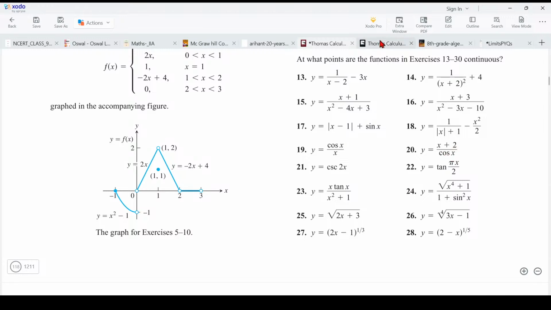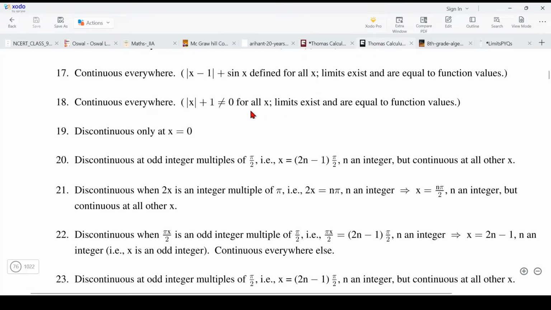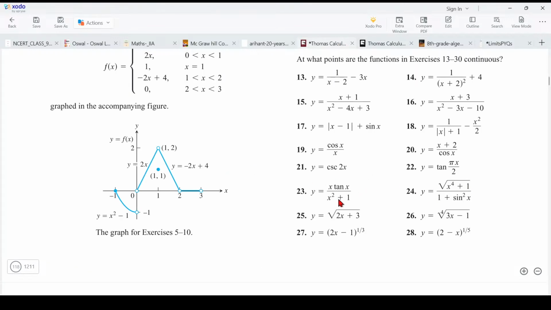Whenever cos x becomes 0, this becomes not defined, right? So those are the places it is not continuous. Agreed? That's what he's saying, right? Agreed, Mark?